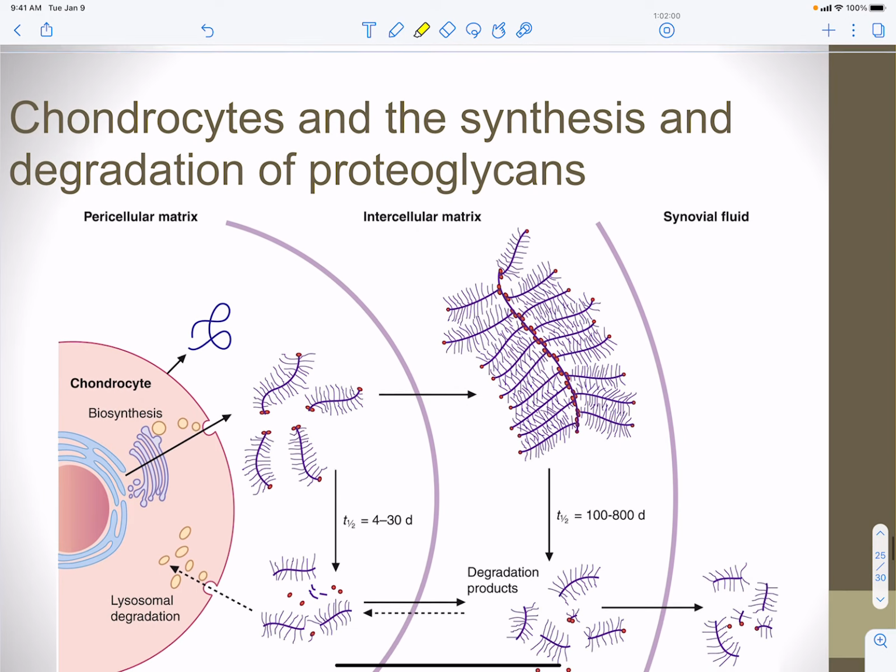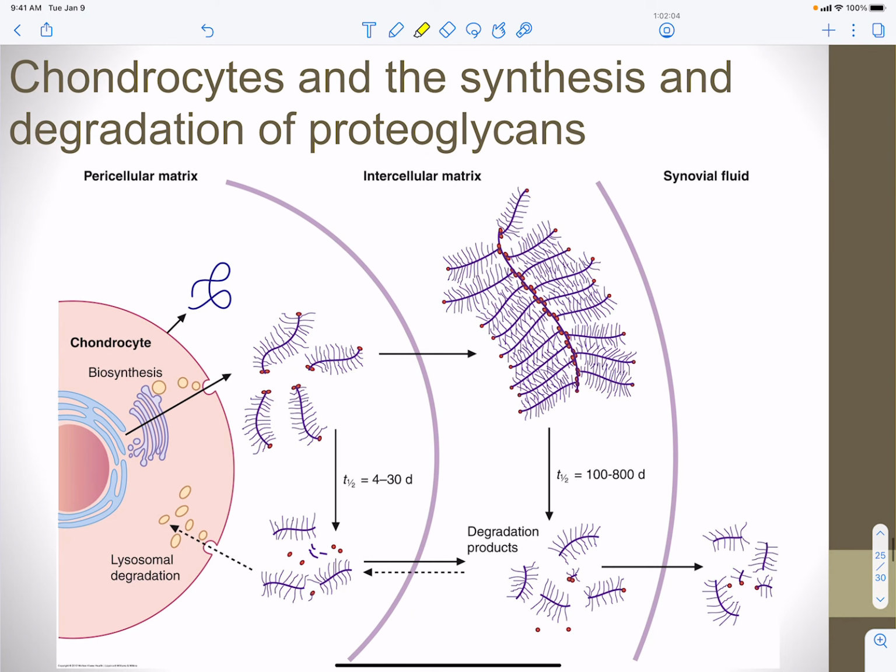Now, one thing that's important also is you have to degrade proteoglycans. And so degradation of proteoglycans is going to occur within lysosomes. So lysosomal enzymes are going to degrade proteoglycans, glycoproteins, and glycolipids.